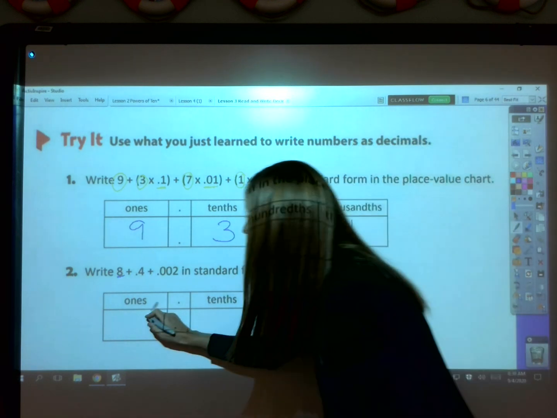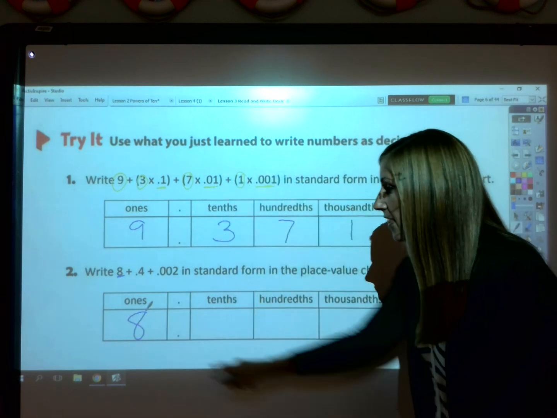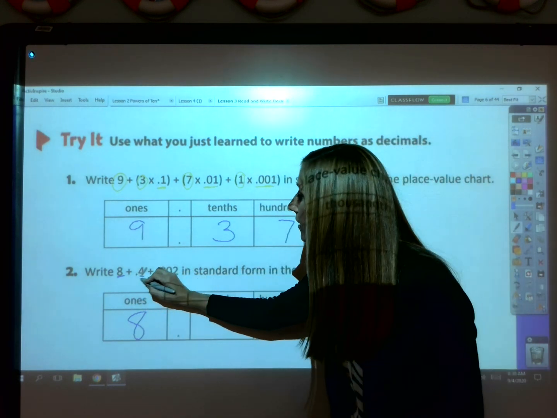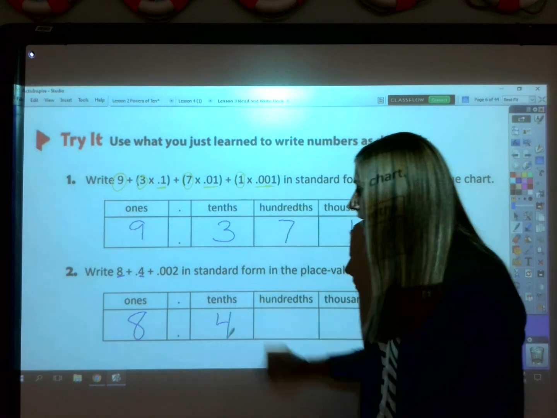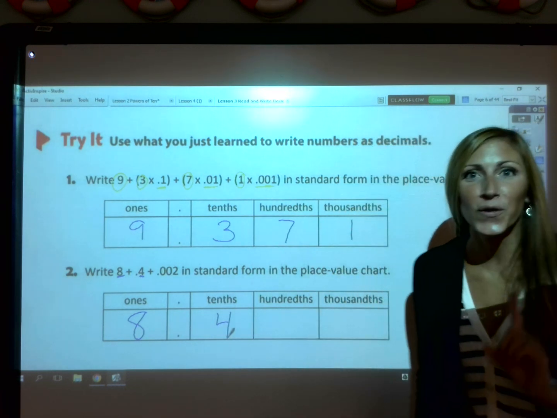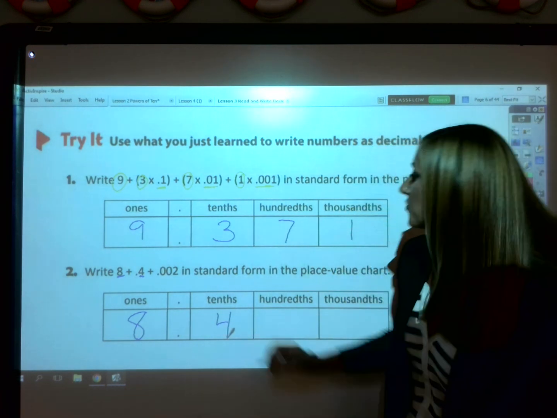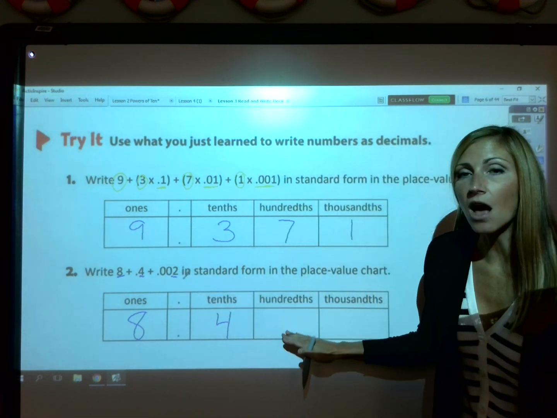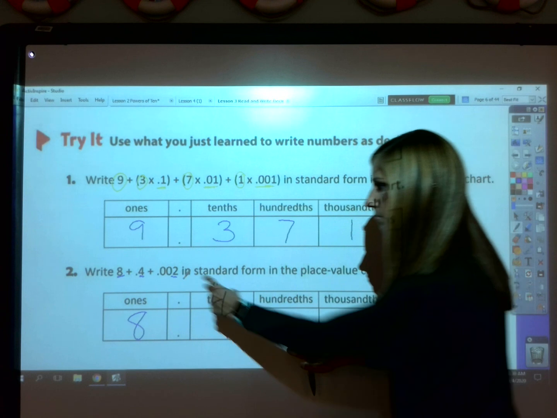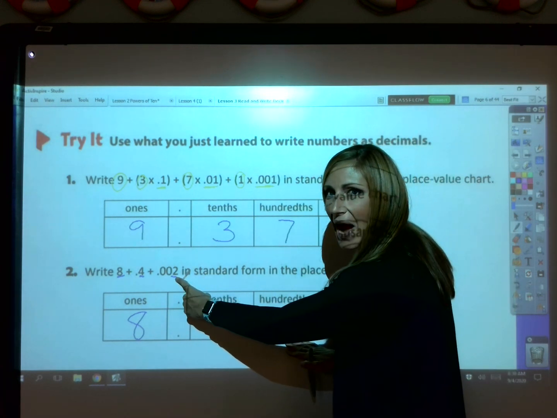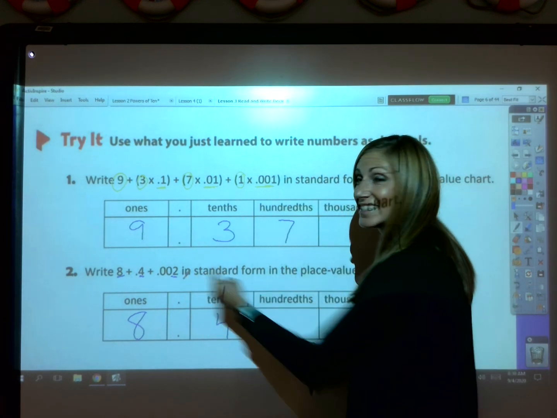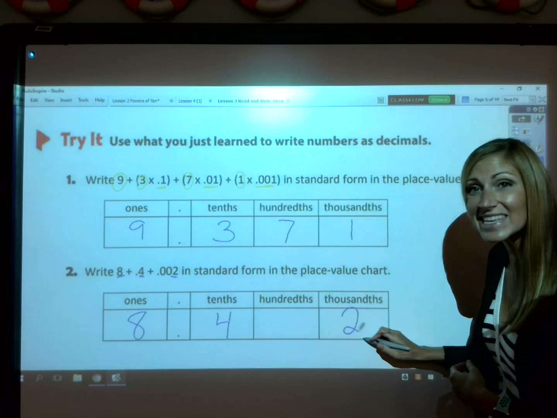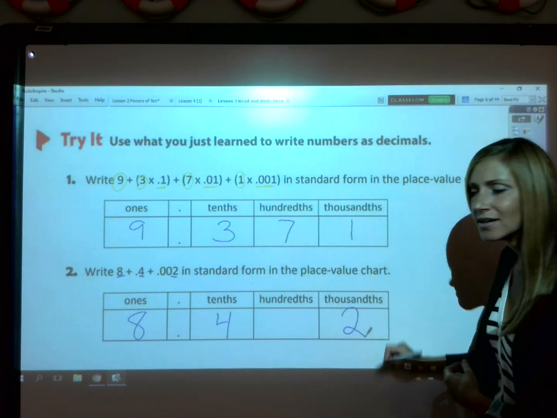Should have had an 8, and then of course the decimal, and then because I see that the 4 is in the tenth spot, so I'm going to put it in the tenths. Oh, did you get tricked? This 2 is not next. This is the hundreds place value. What place value is this 2 actually in? It's in the thousands. So you need to put that 2 in the thousand spot.